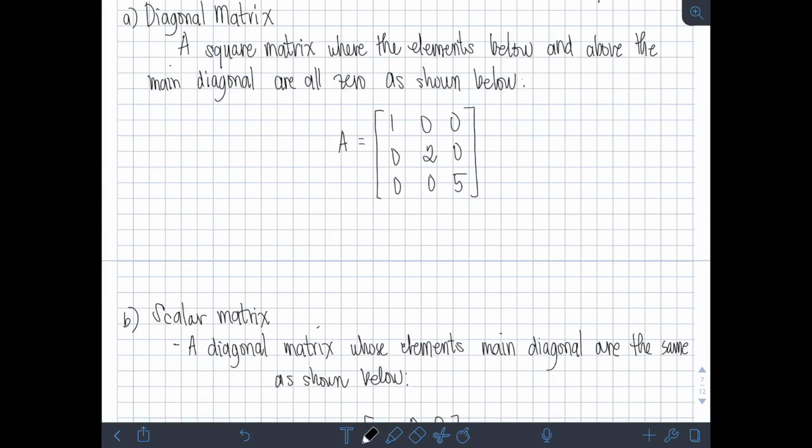Okay? Next, diagonal matrix, a square matrix whose elements below and above the main diagonal are all 0 as shown below. So, pag sinabing diagonal matrix, dapat yung elements niya doon sa square matrix na yon, yung diagonal niya lang yung merong value except 0. Okay, so lahat ng elements above and below the diagonal ay 0. Okay?